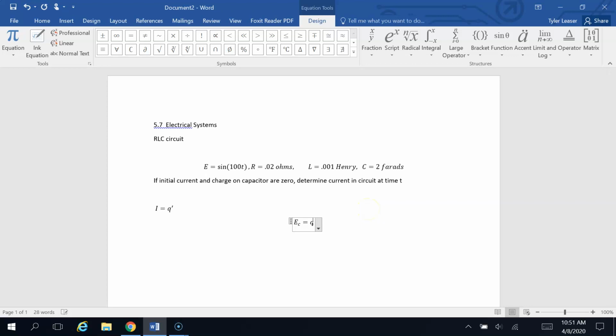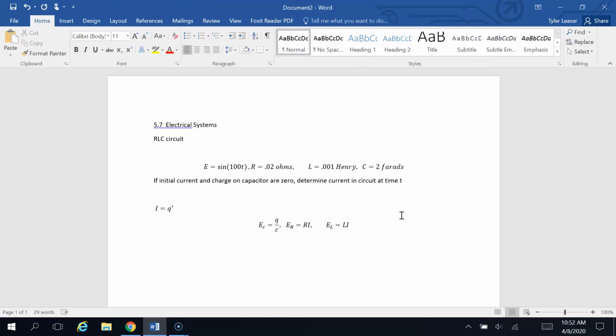So E sub C is going to be the charge divided by the capacitance here. So that's the voltage going across the capacitor. We have E sub R, the voltage going across the resistor. That's just R times I. That's coming from that very famous, what's it called? Ohm's law? That doesn't sound right. Something like that. And then we have the voltage going across the inductor. That's going to be L times I.